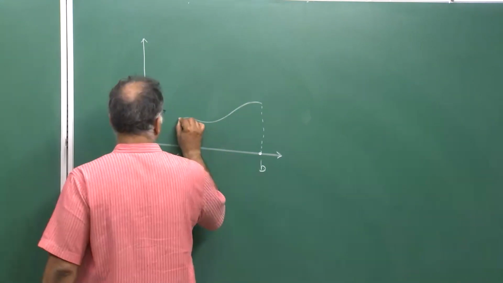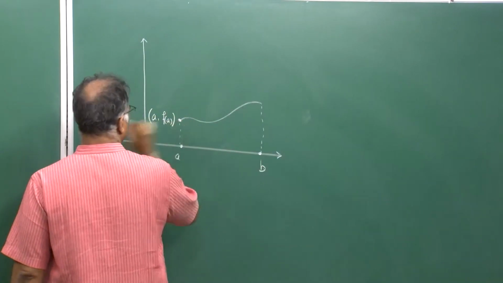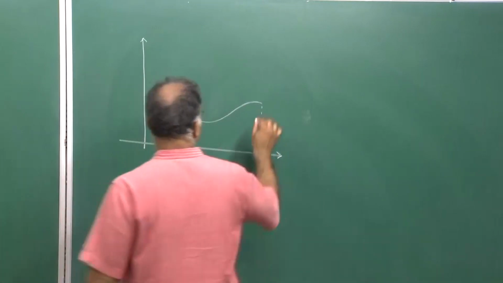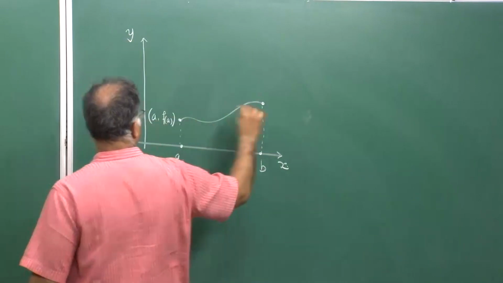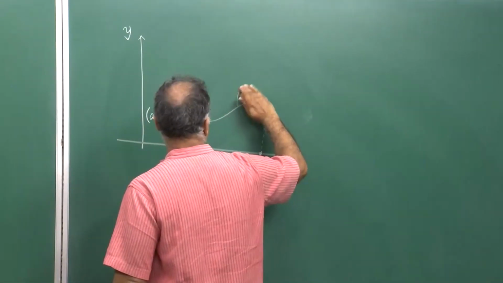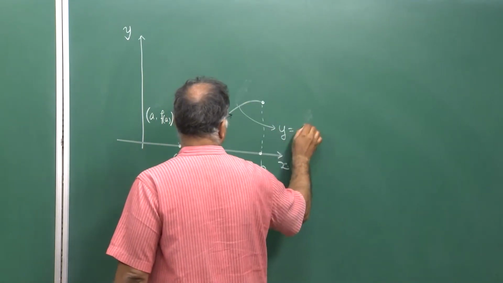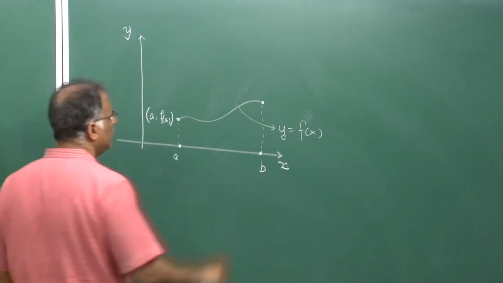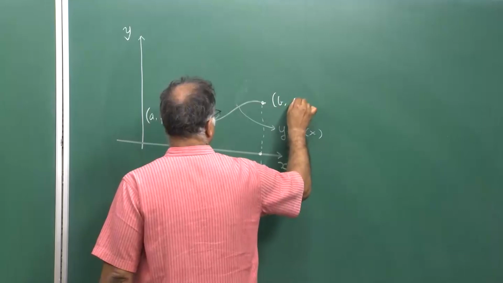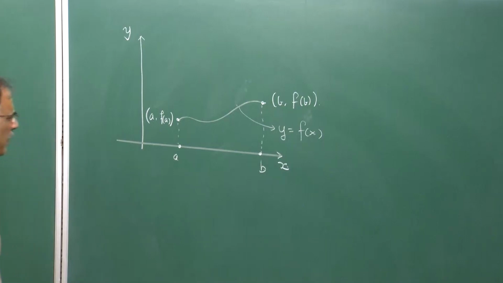If you look at this point of the graph, this is (a, f(a)). This is your x and this is your y, so this is the graph of the function y equal to f(x). At this point it is (b, f(b)).